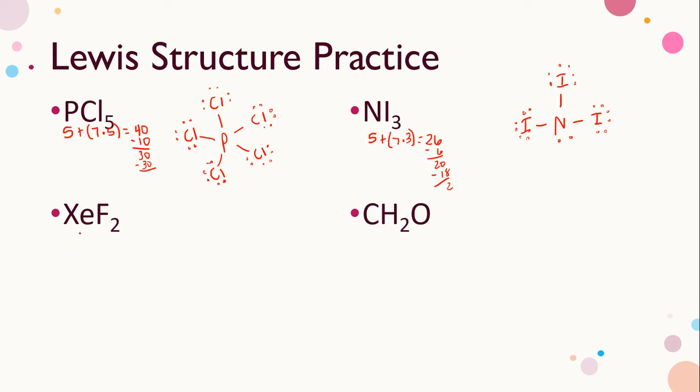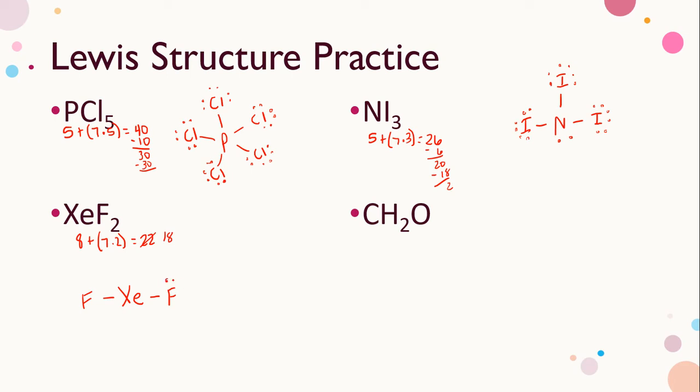Down here, xenon is in group 8, so it can donate 8. Fluorine has 7, and there's 2 of them, so that's 14. That gives me 22 that I'm working with. Here, we're going to see xenon in the middle, and while noble gases don't like to react, it will with fluorine because fluorine is so electronegative. So we're going to put fluorine on either side of it, and this brings us down to 18.